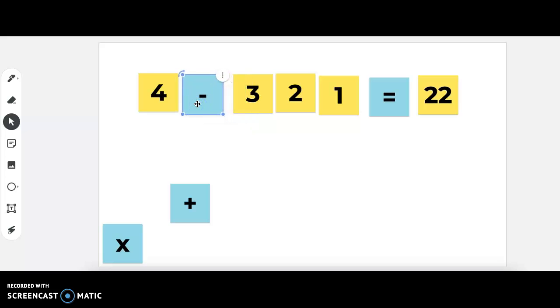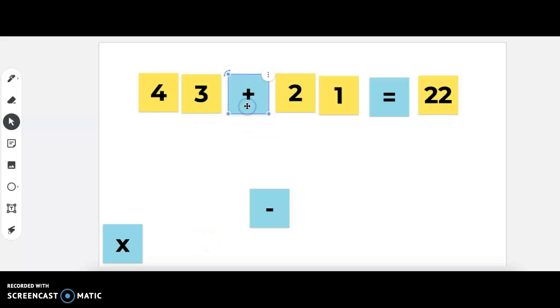No, of course, that won't work, right? You can't have a 4 minus a 3-digit number. That won't work. Okay, so if I had 43, and I said 43 plus 21, would that work? No, because 43 plus 21 is going to be 64. That won't work. Okay, what if I did 43 minus 21? Would 43 minus 21 work?